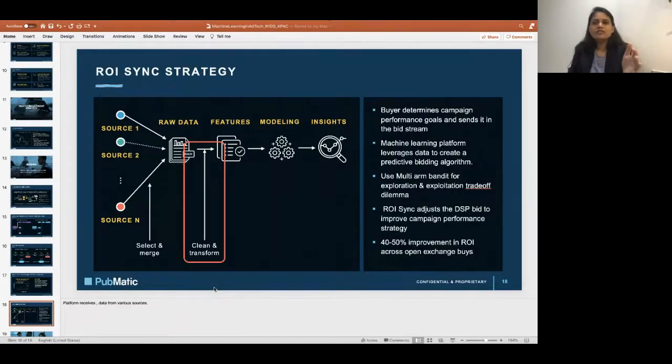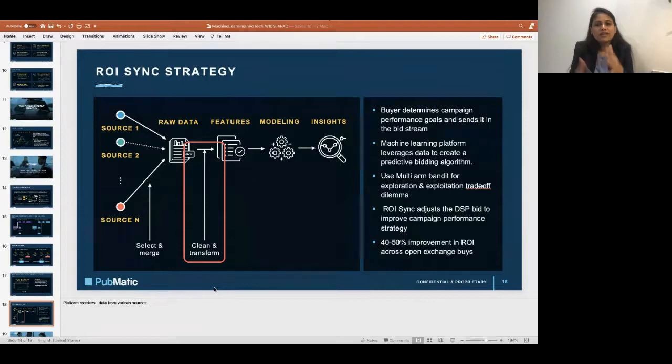Buyers initially determine campaign performance goals, and they send it to us in the form of a bid stream. The machine learning platform leverages this data and creates predictive bidding algorithms. Here we are using a multi-armed bandit strategy for exploration and exploitation.